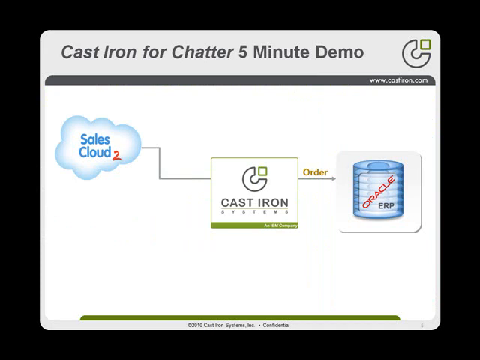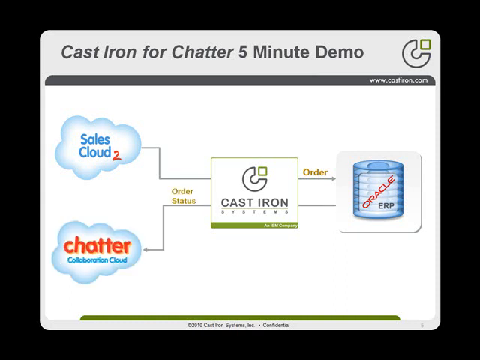Now specifically what we're going to do is first talk about Ward Manufacturing, which is an engine manufacturing company. In this scenario, a salesperson is using the Sales Cloud. They're going to close an opportunity that is automatically going to be converted into a sales order by the Cast Iron solution into the back office Oracle ERP system.